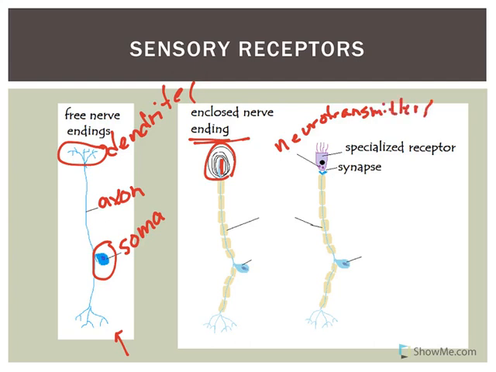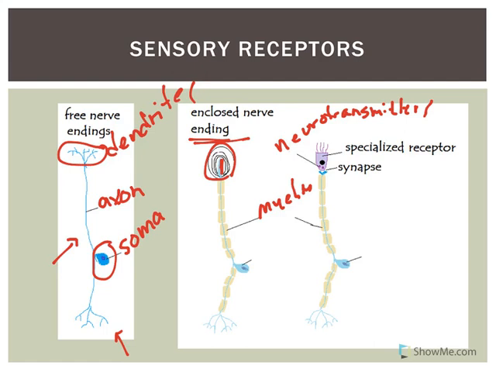But you'll also notice in this comparison that we have some sensory neurons that may be myelinated, which you see here. Here's myelin. And you may have ones that, like this example I drew here, are unmyelinated. So remember the difference: things that are myelinated can carry information quicker than something unmyelinated.